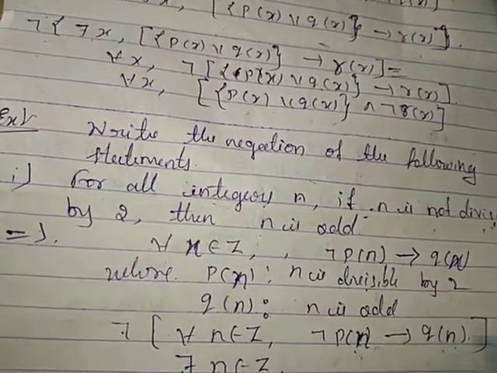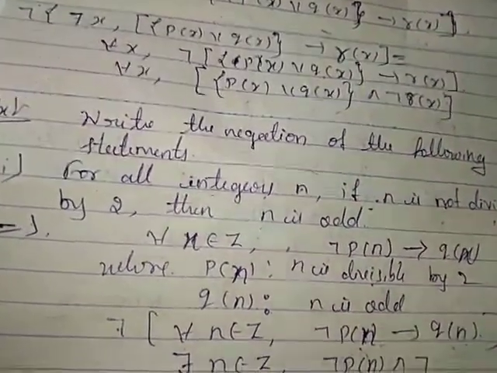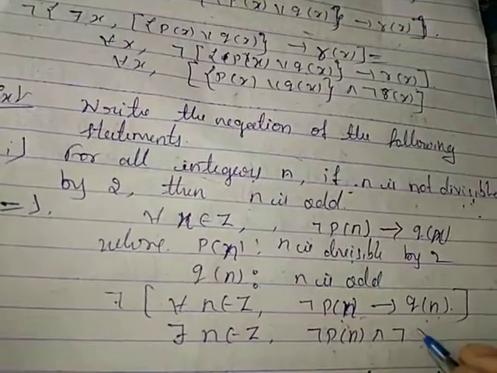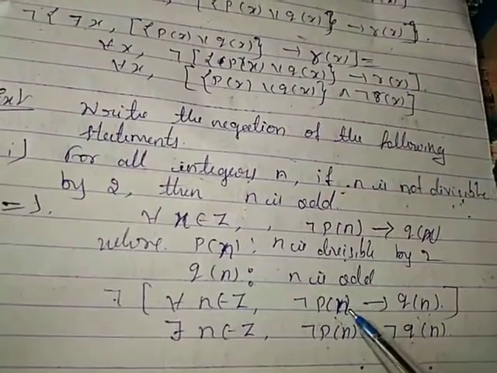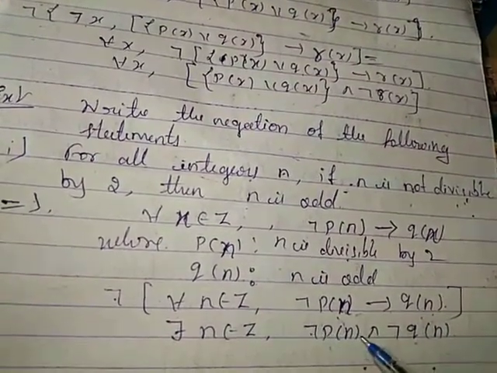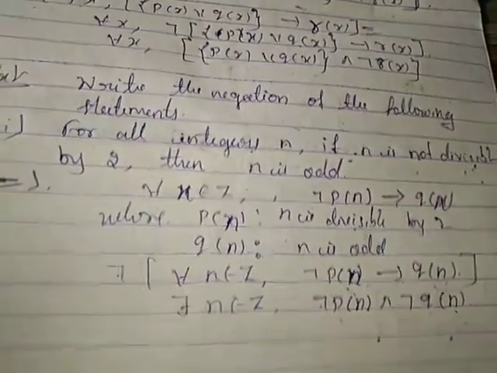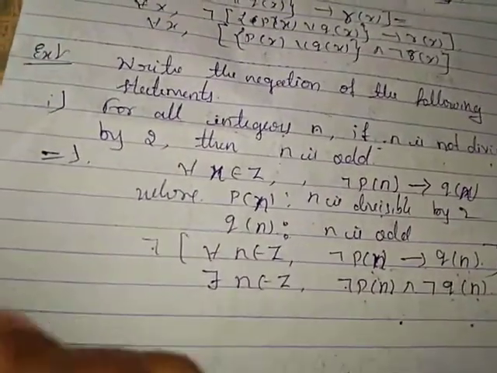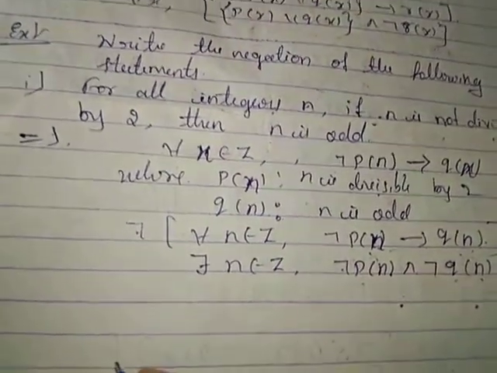Negation of p implies q is p and negation of q of n. So now come to the second one.